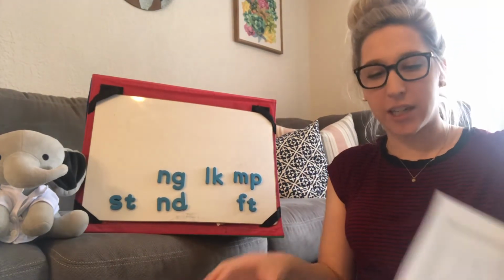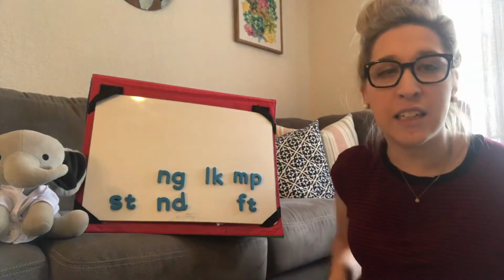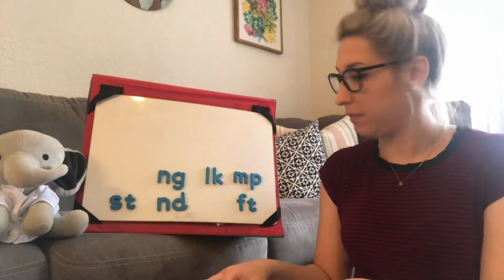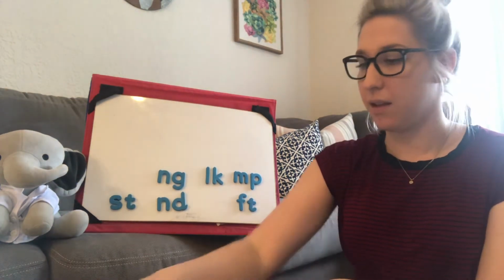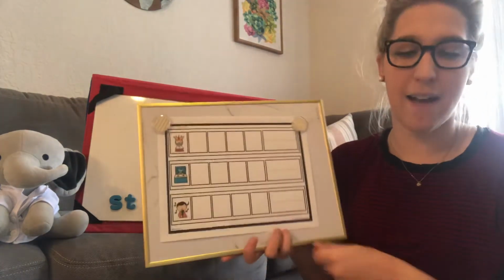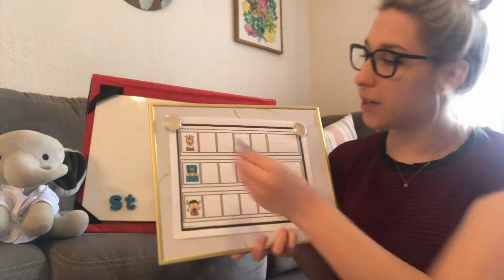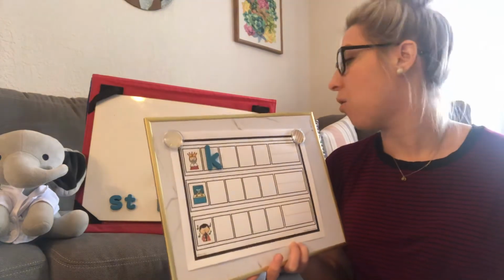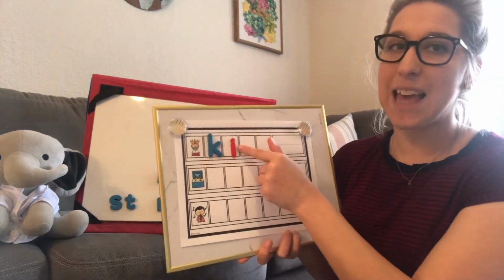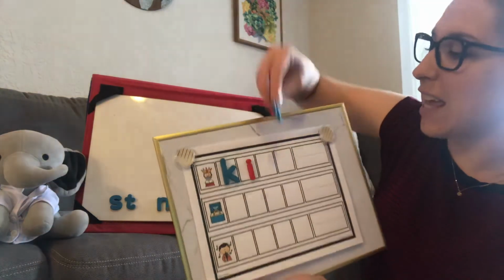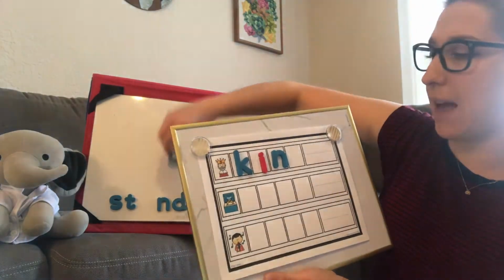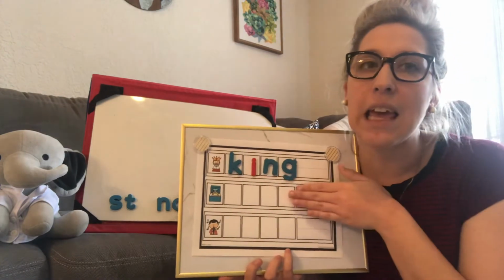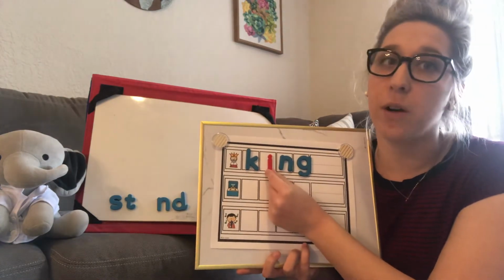Let's look at the next one. This is going to have our ng, like a king. King. This time we're going to have that K, then ing. With this one, because it's the I, we think of the ing as that ing sound. With these ones, just like with and, the ing a lot of times has that vowel we're used to.